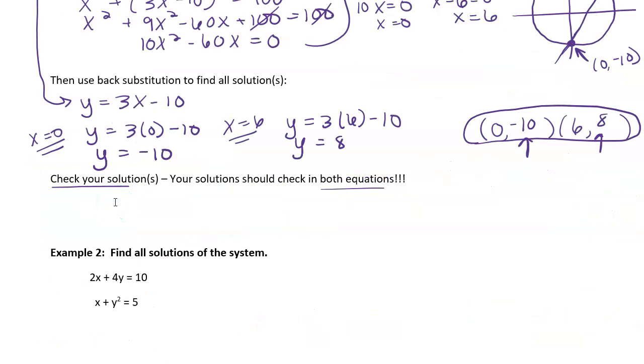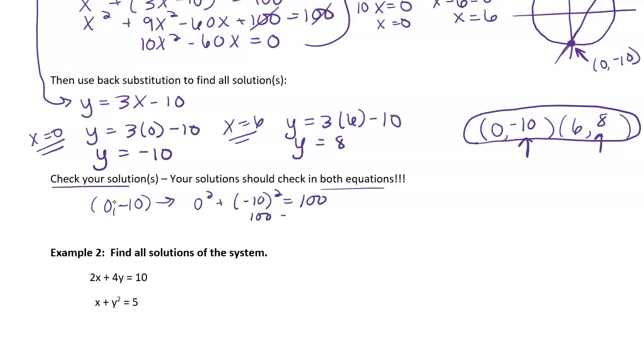When you check your solutions, you want to make sure you check in both equations. So if you take the point (0, -10) and plug it into each equation, the first equation, I'll have 0 squared plus -10 squared, and we want to see if that equals 100.